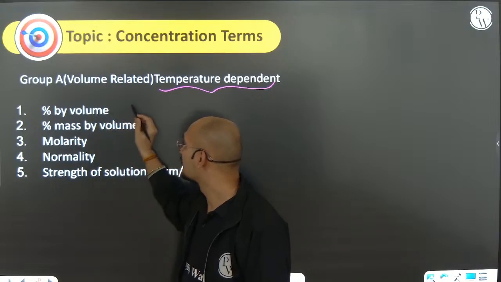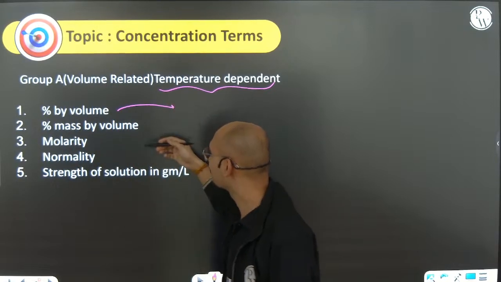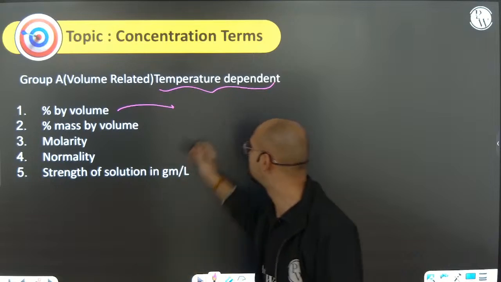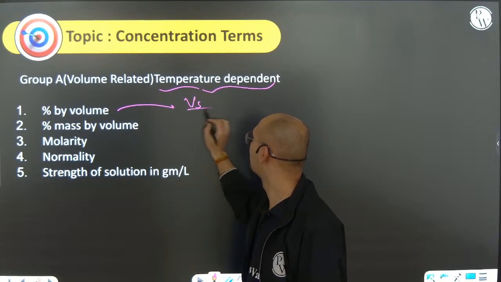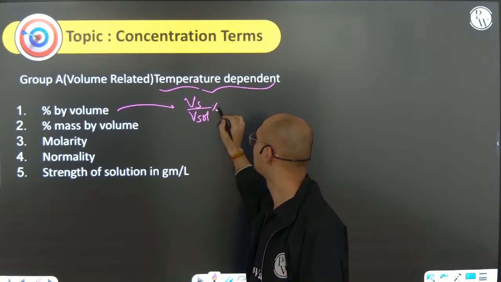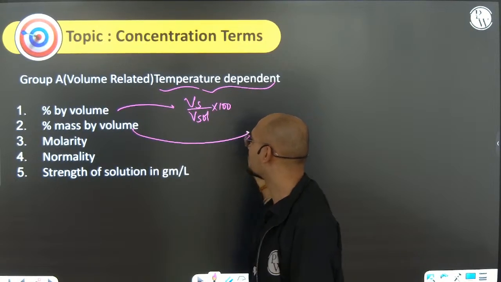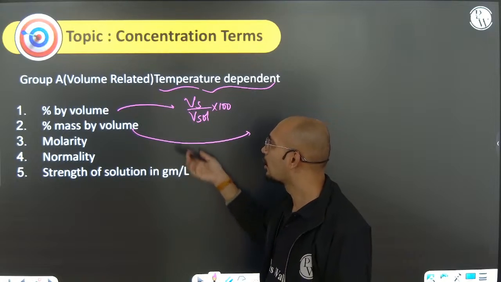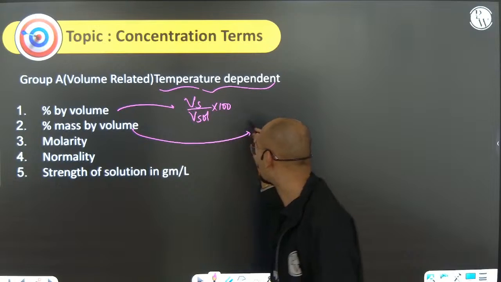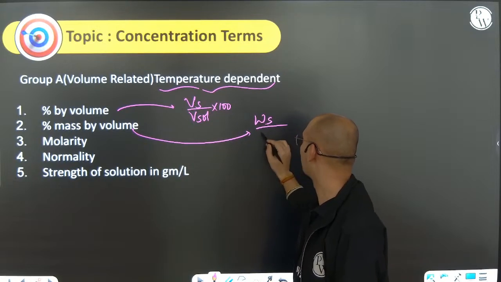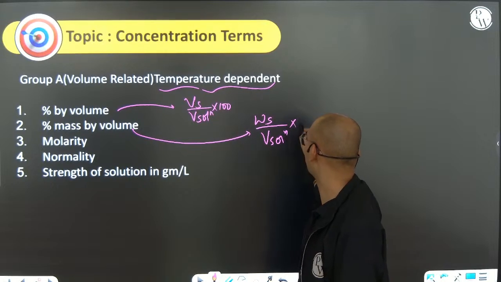How many are there? Percentage by volume is volume of solute by volume of solution multiplied by 100. Then percentage mass by volume is mass of solute by volume of solution multiplied by 100.